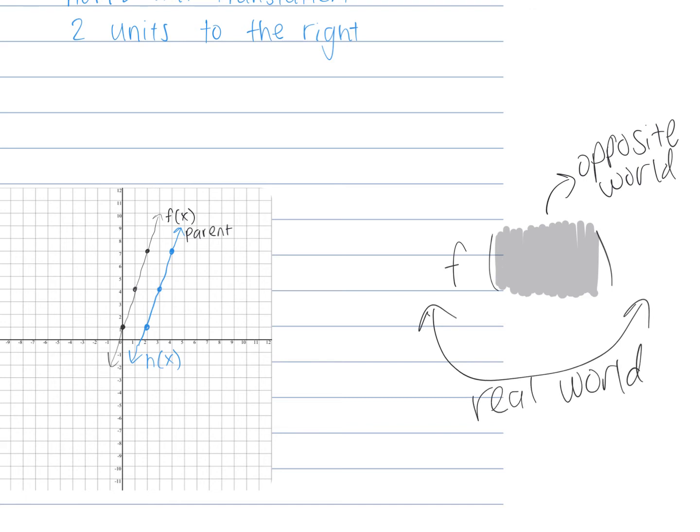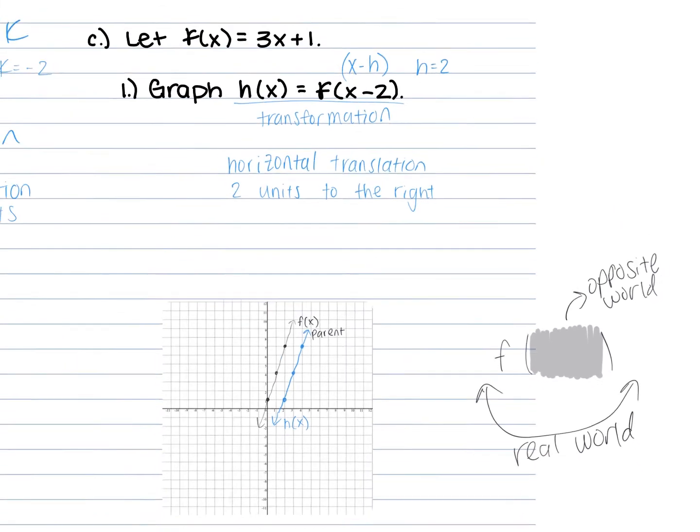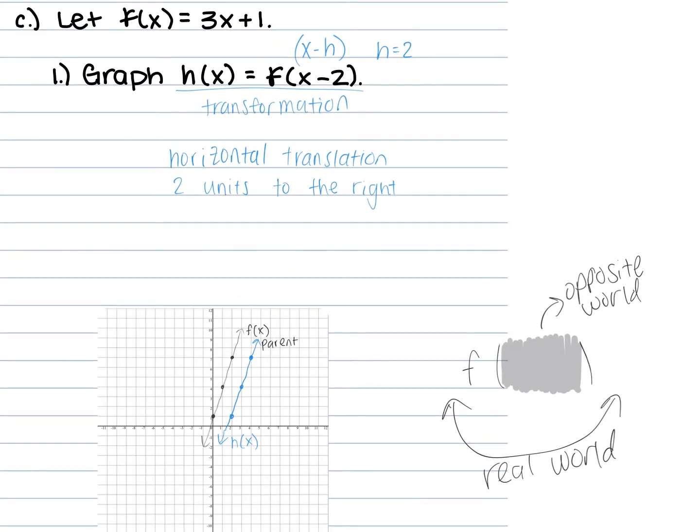Anything that happens in opposite world is going to be opposite whatever you thought would occur. So if we're subtracting 2, like we did in this one, normally you would think we're moving 2 to the left. Do you guys agree? Since it has to be horizontal. In opposite world, you actually end up moving 2 to the right because the formula is x minus h.